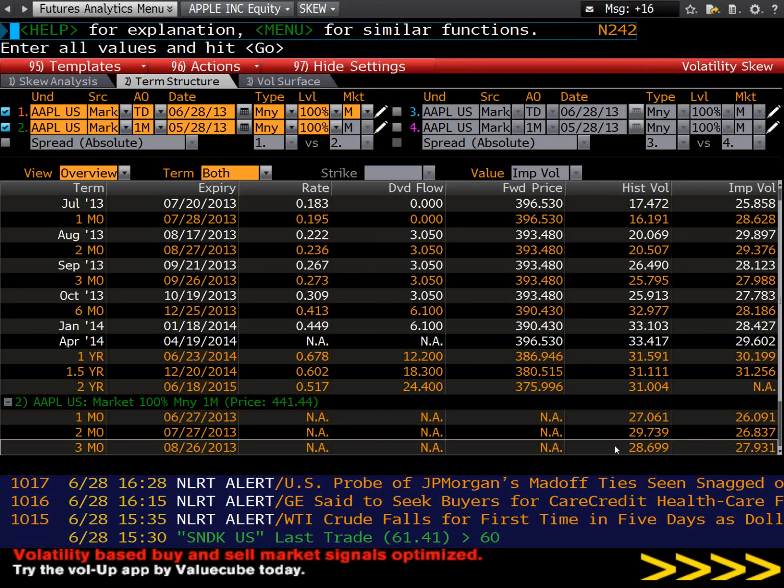And now we get into whether implied volatilities are cheap or expensive. As a rule of thumb, if the implied volatility for a given period of time, let's call it 2 months out, is higher than the adjusted volatility 2 months back, then those options are expensive. Conversely, if the implied volatility is lower, those options are considered to be cheap. And again, it has got nothing to do with the price of the option.